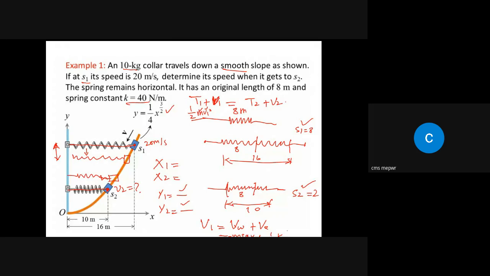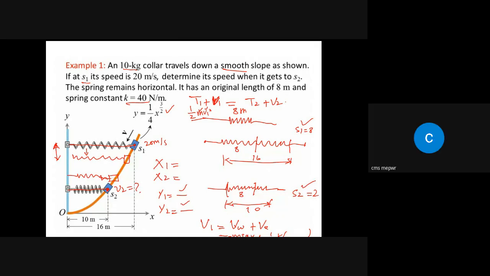So what about s2 minus s1? Here, how much will s2 minus s1 be? Sir, we will not use s1. Only V1, and S1 here, because we will use both V1 and S1 between states 1 and 2.